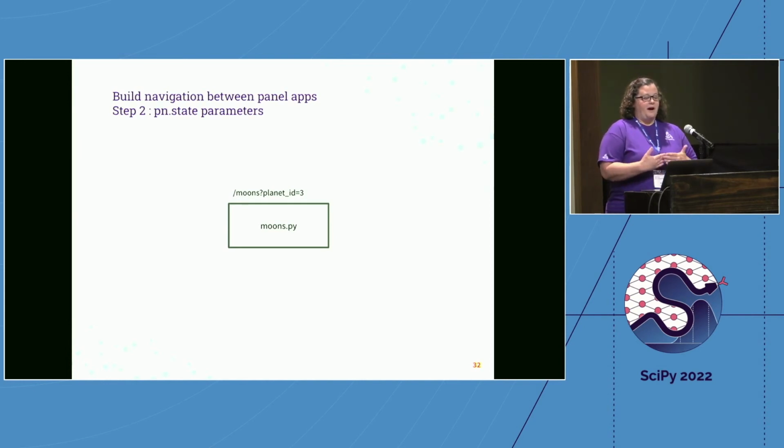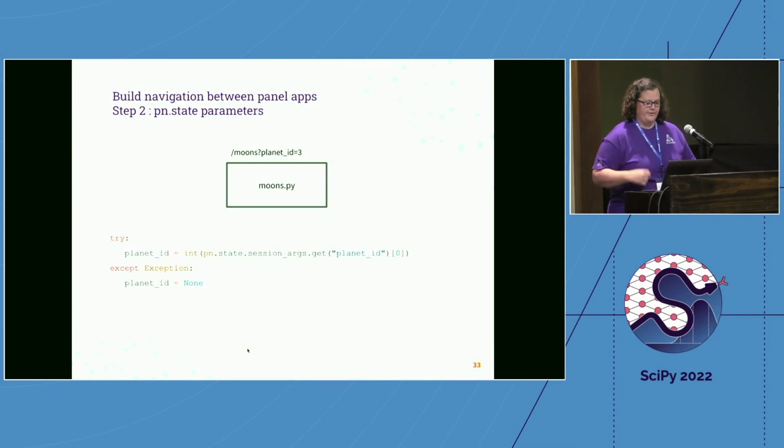And the other thing that we're going to do here is use those state parameters that are in our URL to provide navigation between these pages, right? So inside of moons.py, I could show the code for this in a sec, we're calling the session args here to get the planet ID.